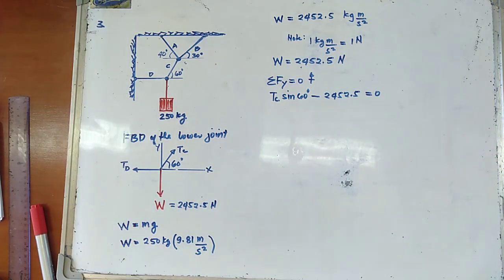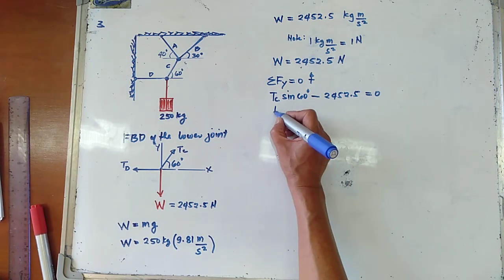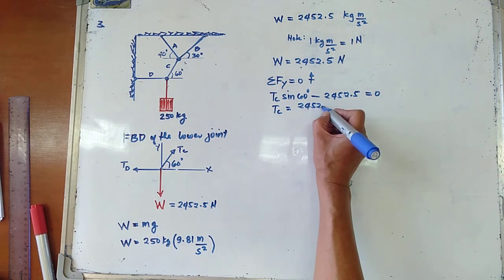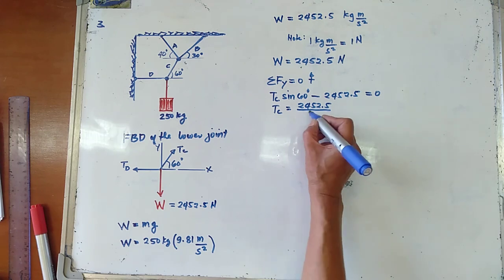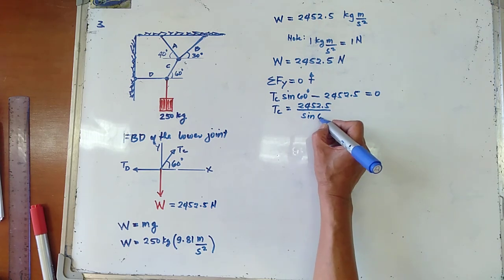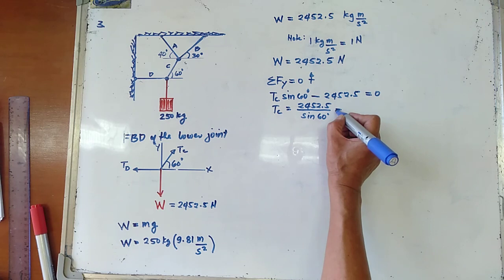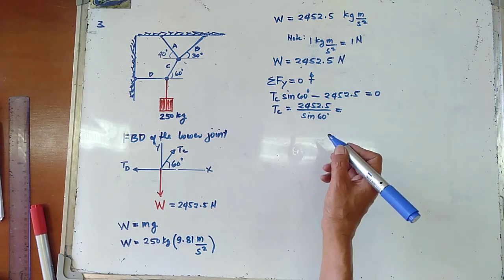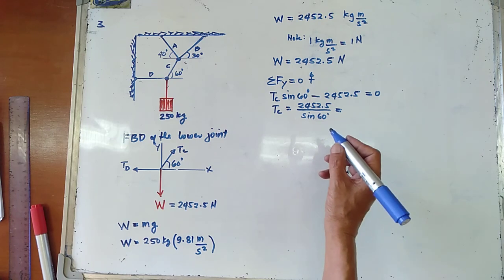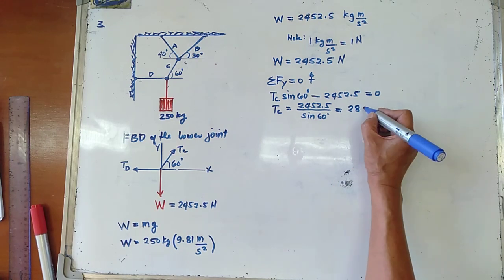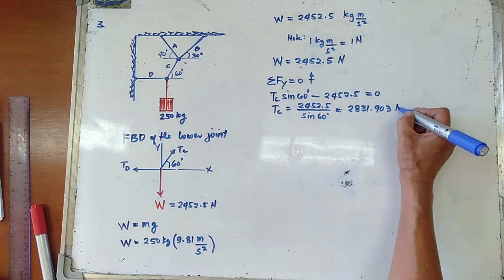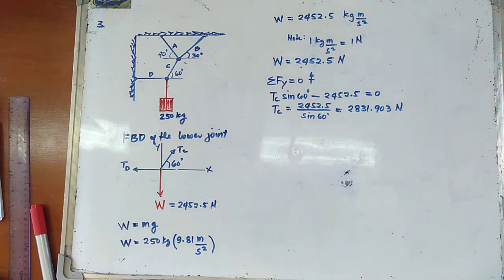So that is directed along the y-axis. Your TC is equal to 2452.5 newtons all over sine of 60 degrees, and this is equal to 2831.903 newtons. So that is the tension in cable C.